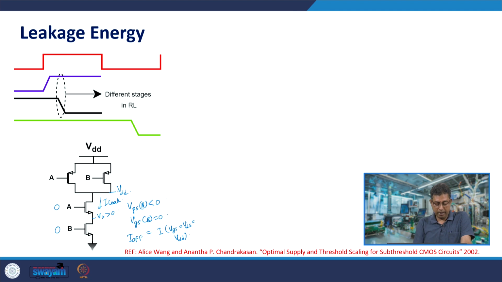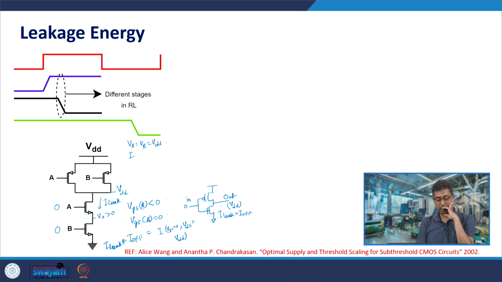I off is defined in the context of an inverter, because when the input is 0 and the output is VDD, you would find that the leakage current is I off. We can see another example: suppose A and B are both VDD, then the leakage current is I off of the PMOSFET into 2. So, the leakage current, whatever its value, depends on the input values and the logic gate.